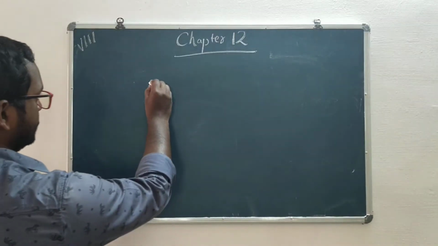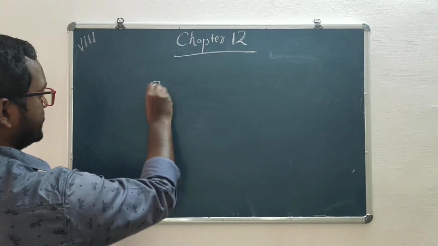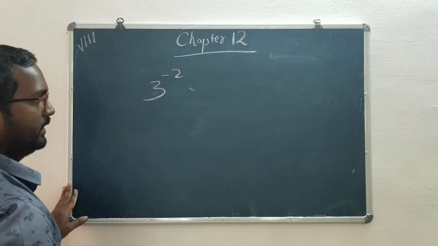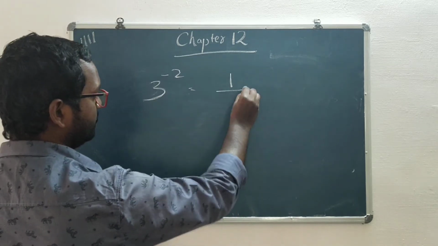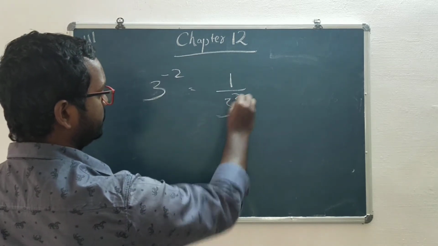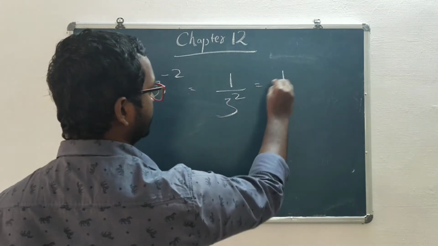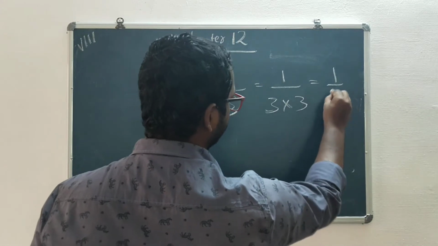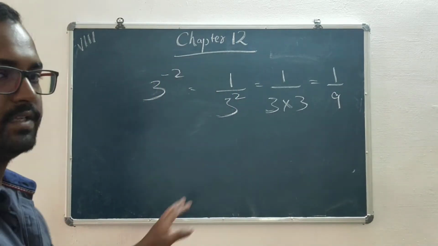If it is 3 power minus 2, then it will become 1 by 3 power 2, which is equal to 1 by 3 into 3, which is equal to 1 by 9. So the answer is 1 by 9.